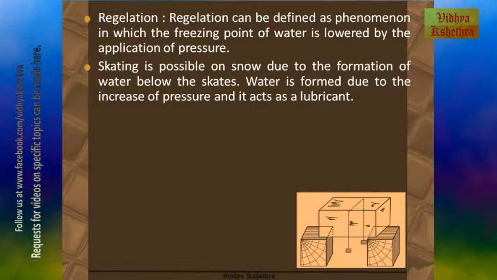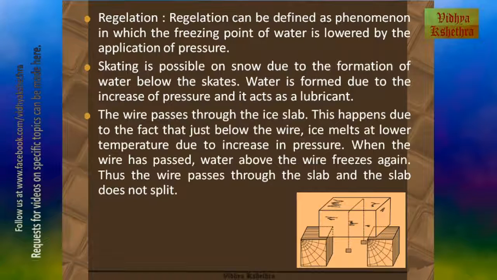Then, for the second consequence, we shall consider an ice cube and a copper wire is kept over the ice cube as shown with two weights at either end. What happens is the wire passes through the ice slab without breaking the ice slab.